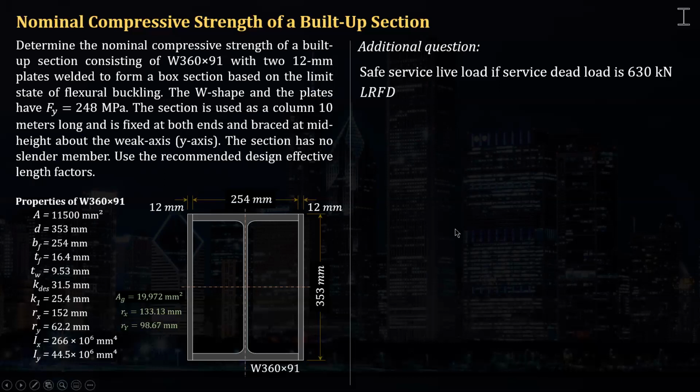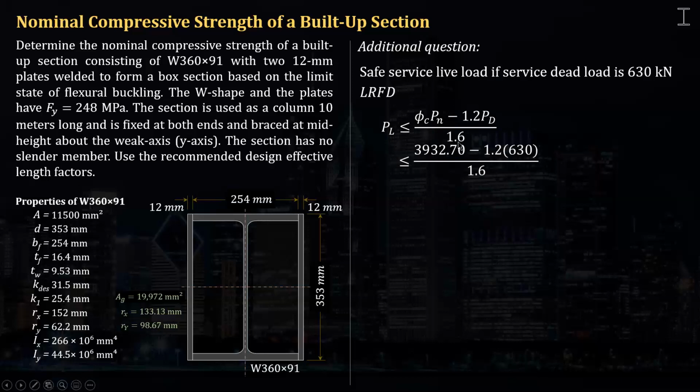So calculating for the service live load using LRFD, we know that phi Pn, the design compressive strength, must be greater than the required strength, which are factored 1.2 PD plus 1.6 PL. So that PL must be less than phi Pn minus 1.2 PD all over 1.6.